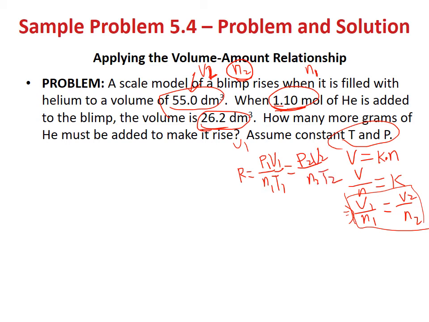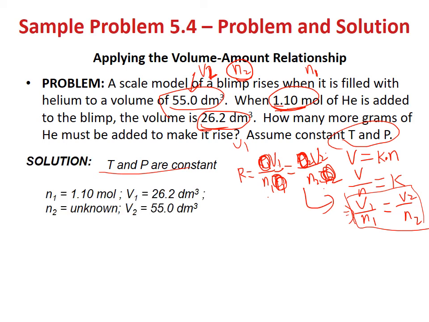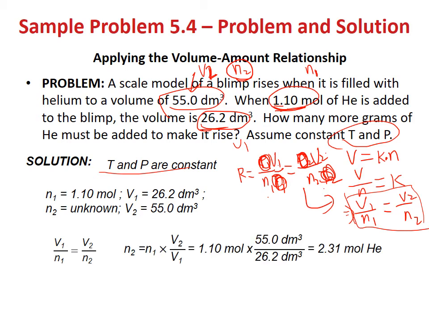In this case, temperature is constant and pressure is constant, and that gives you V1 divided by N1 equals V2 divided by N2. So we use Avogadro's principle, and modifying the equation, we can calculate N2.